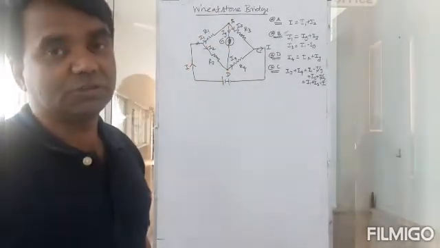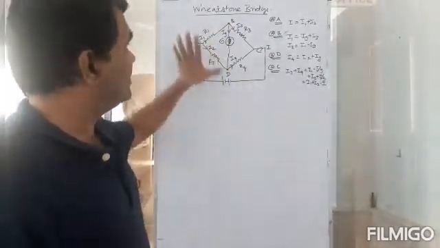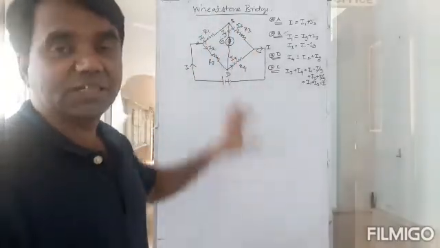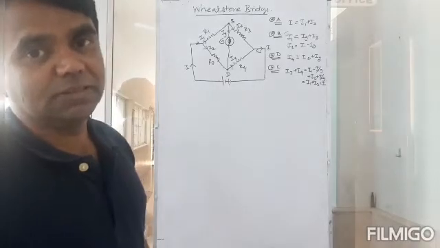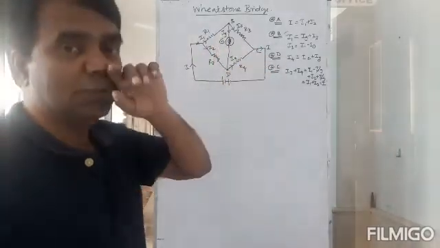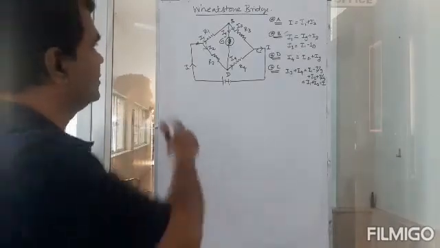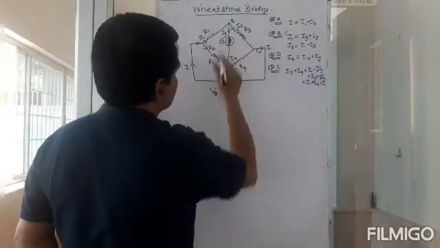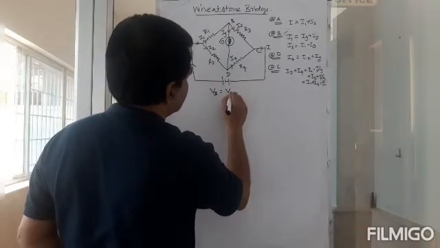Then no current will flow through this. Then what is the arrangement of resistors I must have, so that this condition will be met? So when will Ig be 0? When VB is equal to VD.